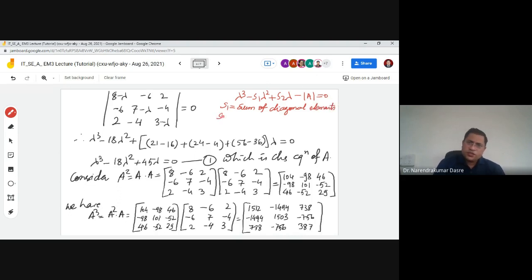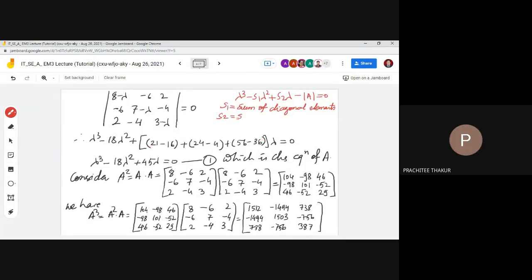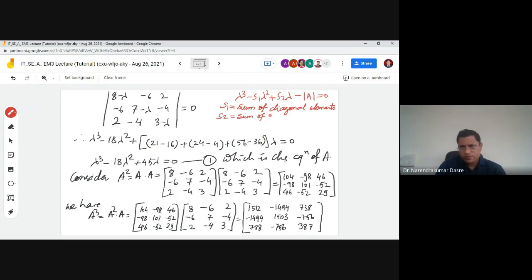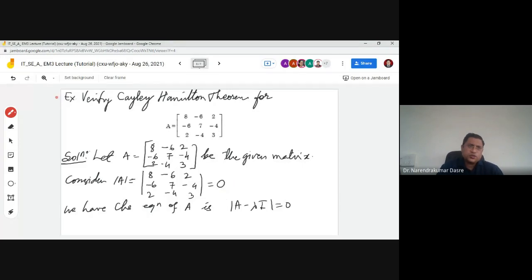Can anyone tell me what S2 is? How do we calculate S2? It is the sum of the minors of the diagonal elements. Determinant of A we have already calculated, and in this case it is going to be 0.